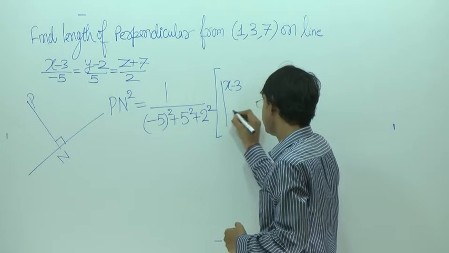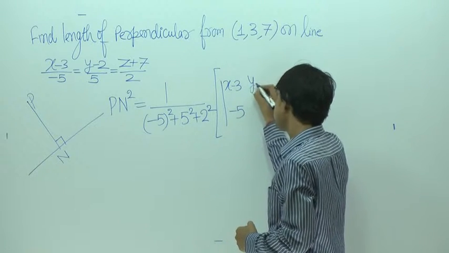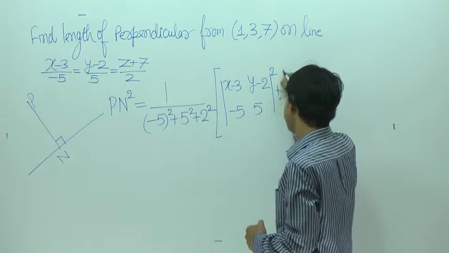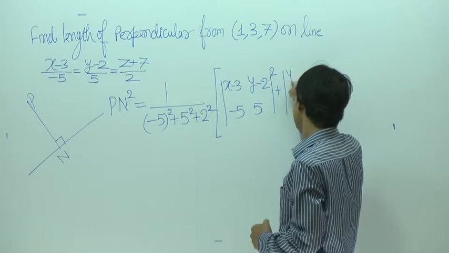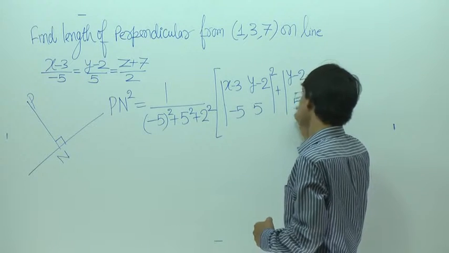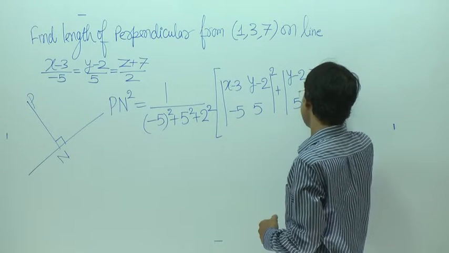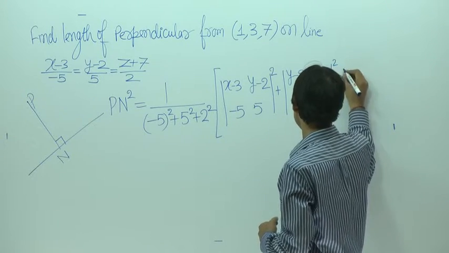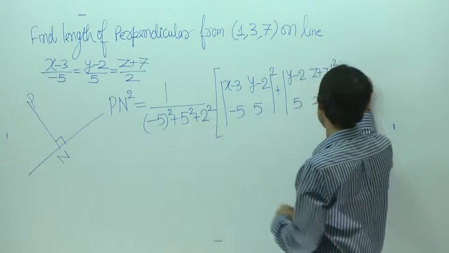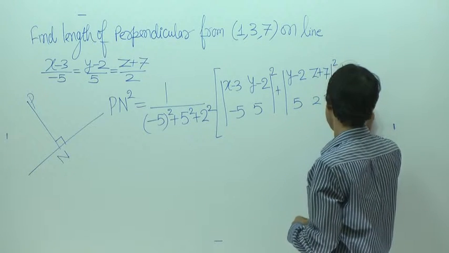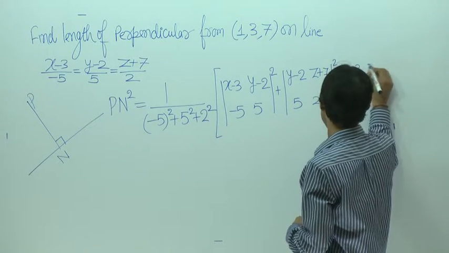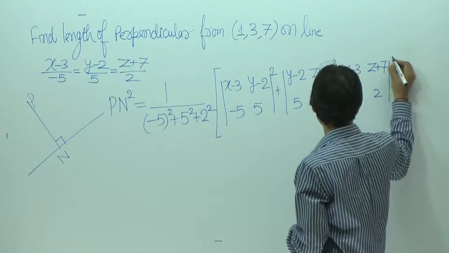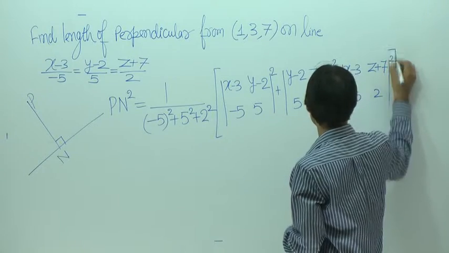The determinant with rows x minus 3, minus 5 and y minus 2, 5, squared, plus the determinant y minus 2, 5 and z plus 7, 2, that determinant squared, plus x minus 3, minus 5 and z plus 7, 2, and that determinant squared.